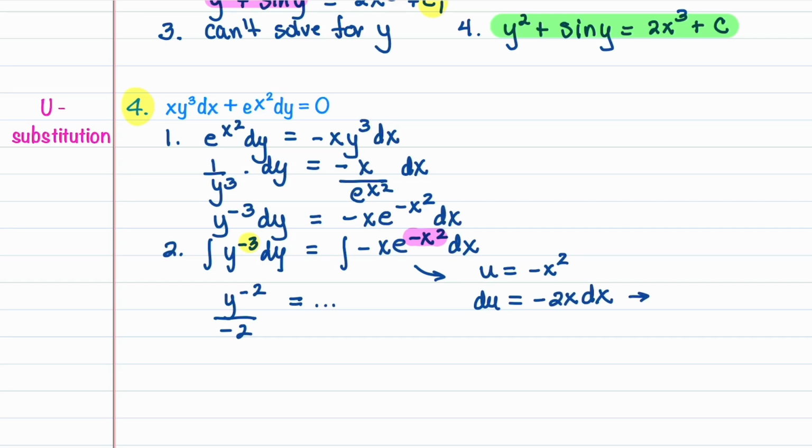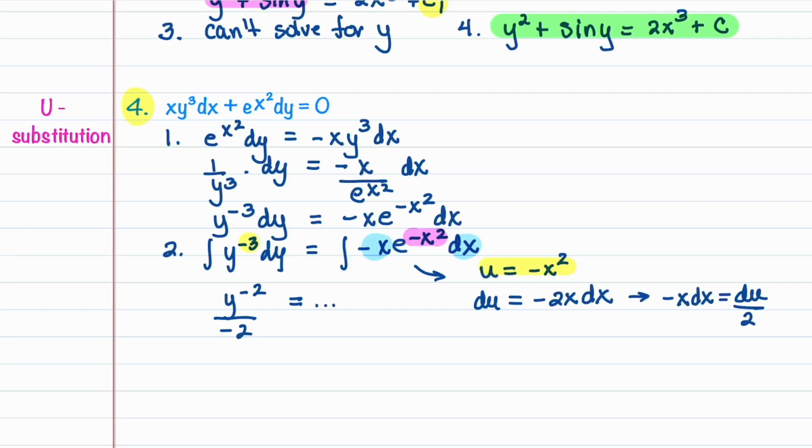We can then notice that on our right-hand side, I just talked about this, but I'm going to highlight it now. We have a minus x dx, so I'm going to solve for that. So minus x dx is du all divided by 2.